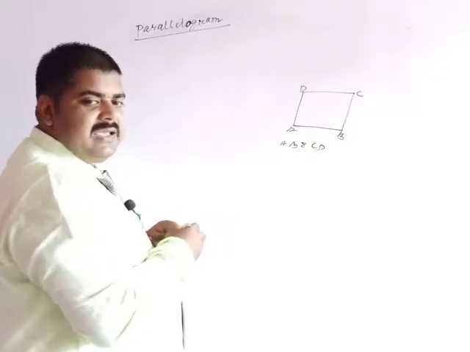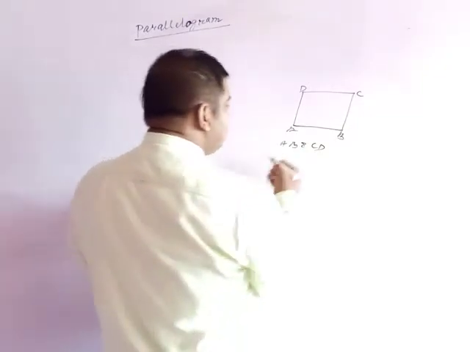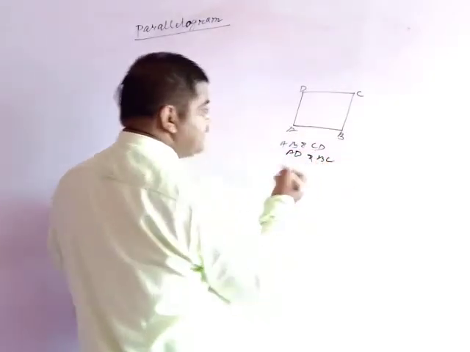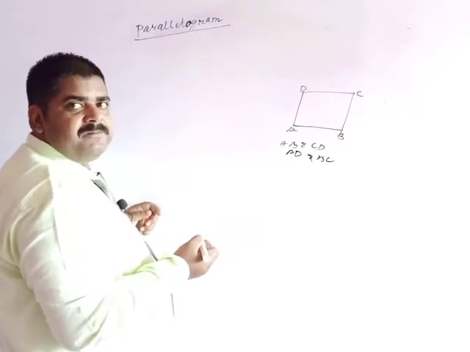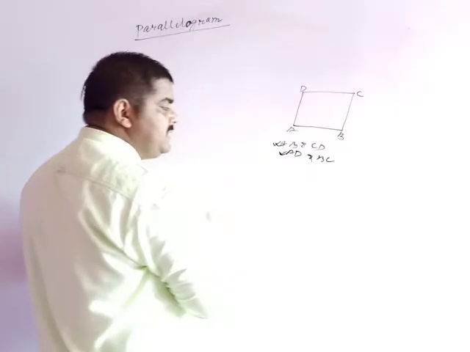AB and CD is one pair, and another pair is AD and BC.